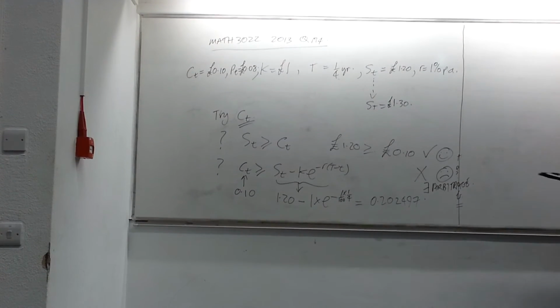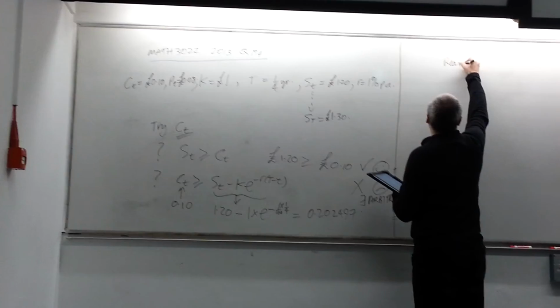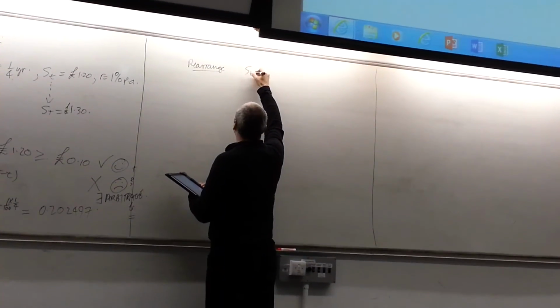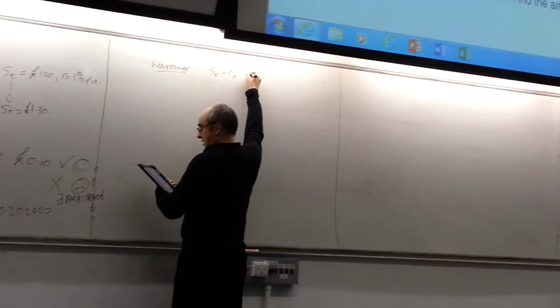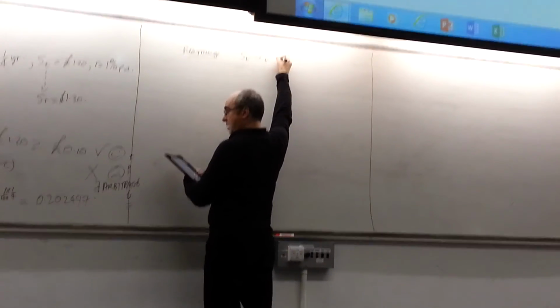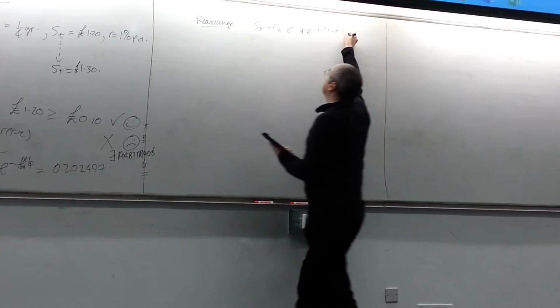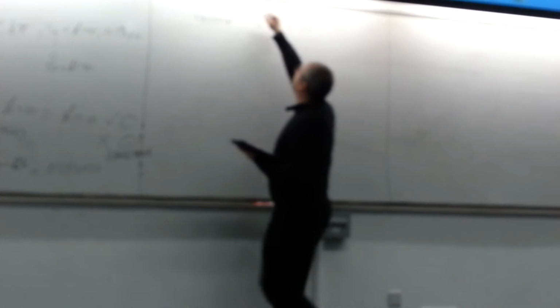So one way in which we can do it, I'm going to rearrange to give us ST minus CT, which should be less than or equal to K e to the minus r(T minus t).